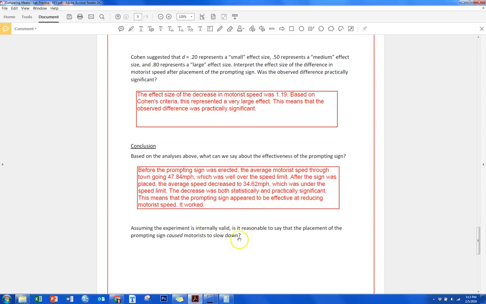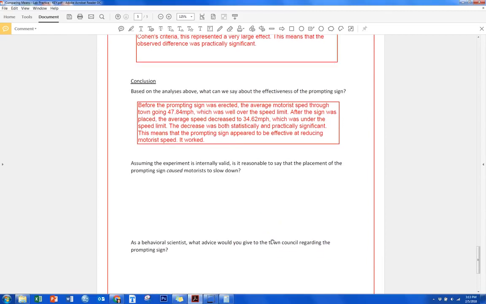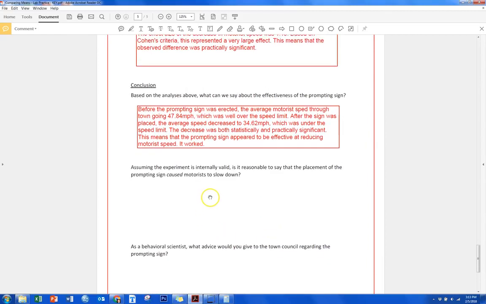Now, assuming the experiment is internally valid, is it reasonable to say that the placement of the prompting sign caused motorists to slow down? So there's a couple of things here you want to be very careful about. Internally valid. What does this mean? So internal validity, when you're talking about an experiment, means that it was the independent variable that's responsible for the change in the dependent variable.